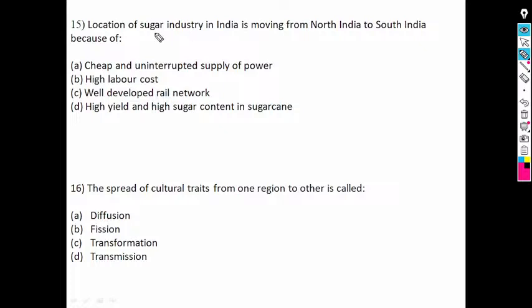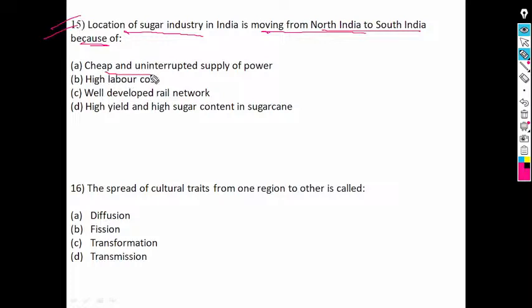Next, the location of sugar industries. The location of the sugar industry in India is moving from North India to South India. Why has it moved?